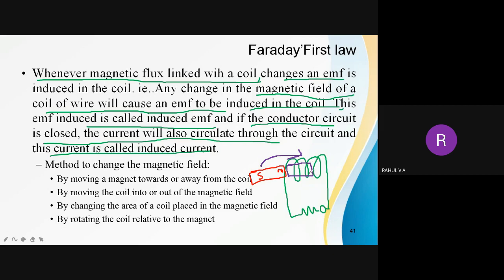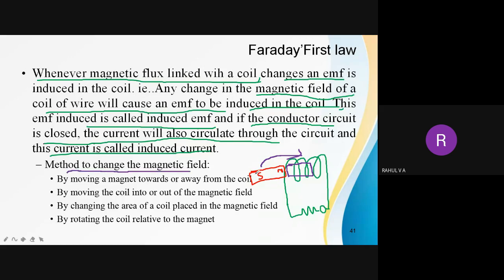Initially a very small amount of flux was linking with the coil, and now a large amount of flux is linking with it. That means it has gone from minimum to maximum linkage, so the flux linkage has changed, and at that time EMF will be induced. The EMF induced is called induced EMF, and the current flowing because of this induced EMF is called induced current. Now, how to change the magnetic field is the question.